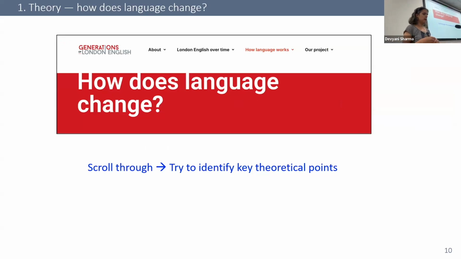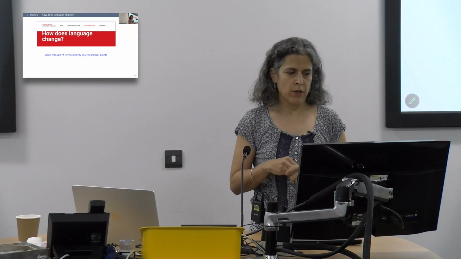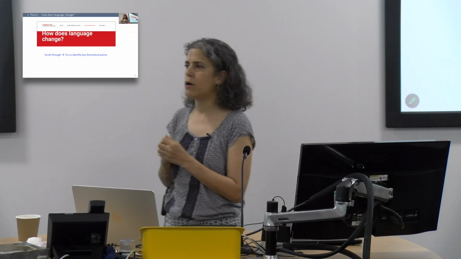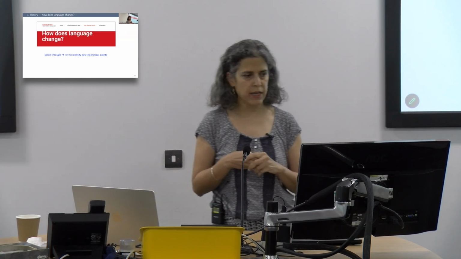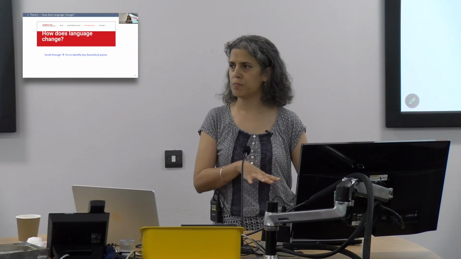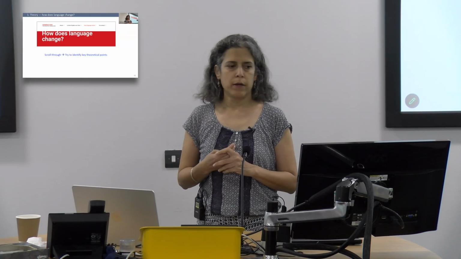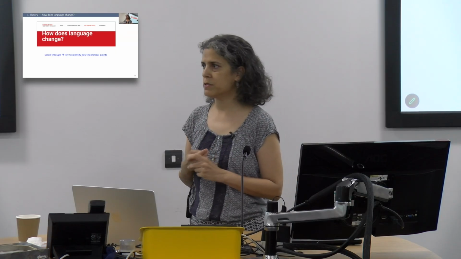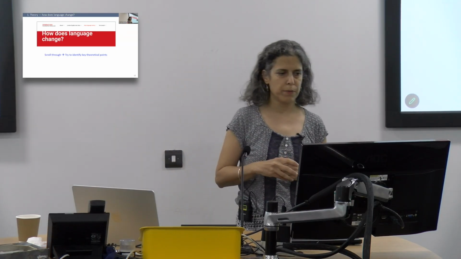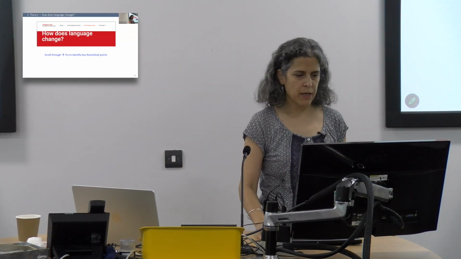It's to get an idea of this cyclical idea on the table. So if you can go to the how does language change page. I'm not going to switch my screen so that we don't disrupt the slides, but if it's under how language works, you'll see there are other categories that we're not talking about under that tab.